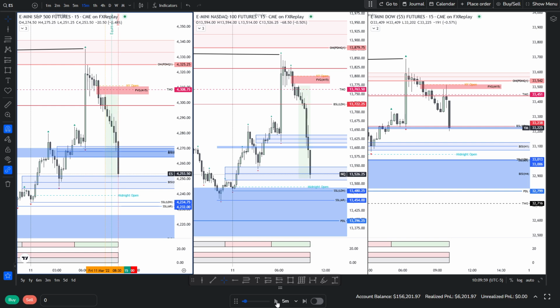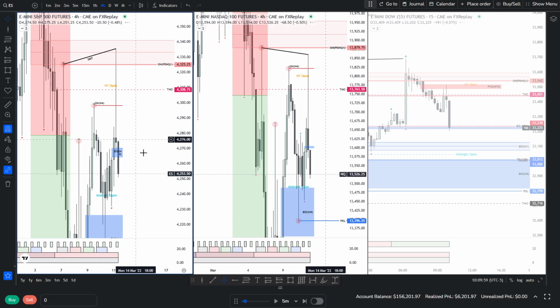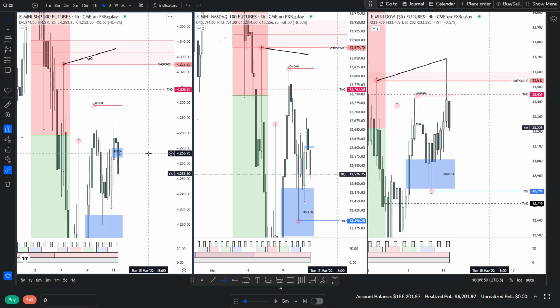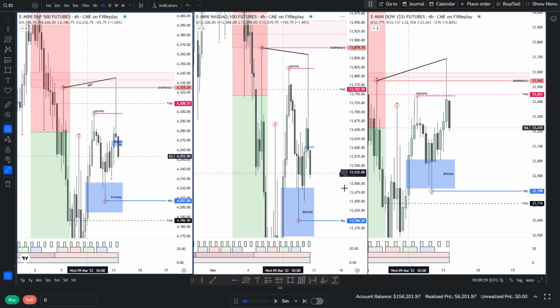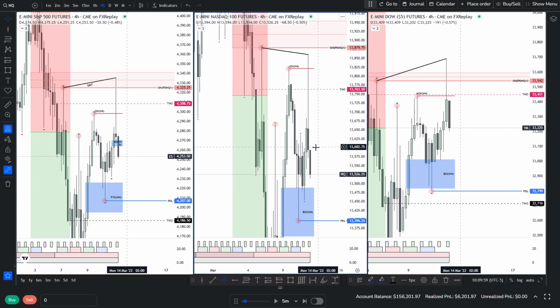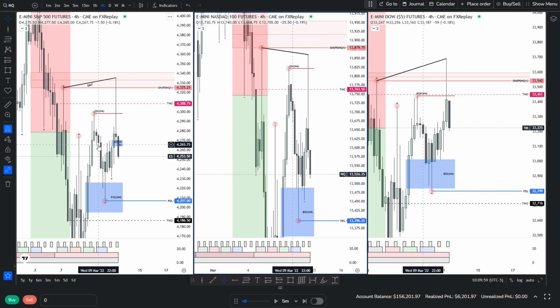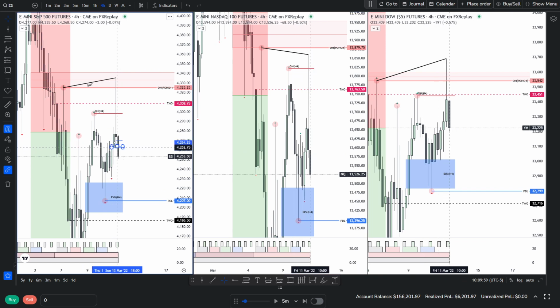Oh, okay, that's extremely interesting. Go out to the 4 hour. So we've blown through. There is no SIBI here. It's not one there. That sort of did form one. Almost a very small one. Remove that. I want to remove this as well.